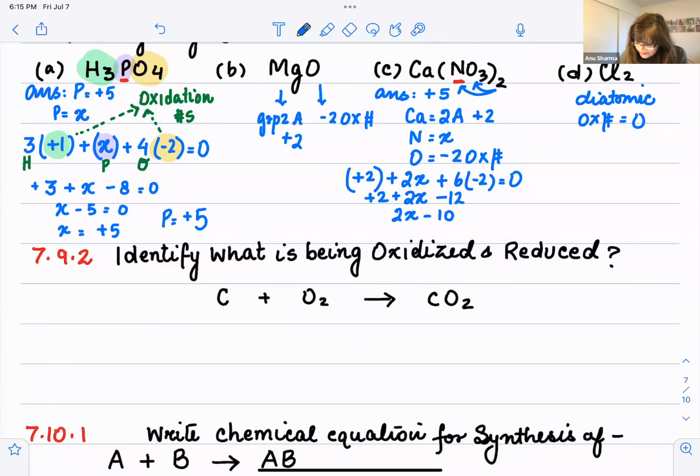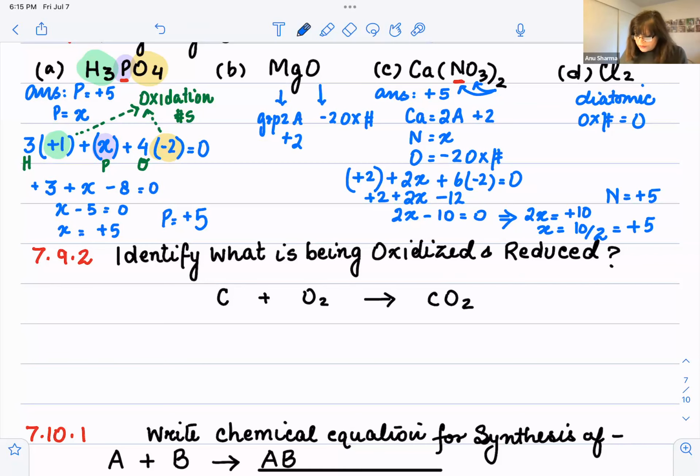When you solve it, 2x is equal to +10, and then x is equal to 10 divided by 2, and that becomes +5. So the oxidation number of nitrogen is +5.